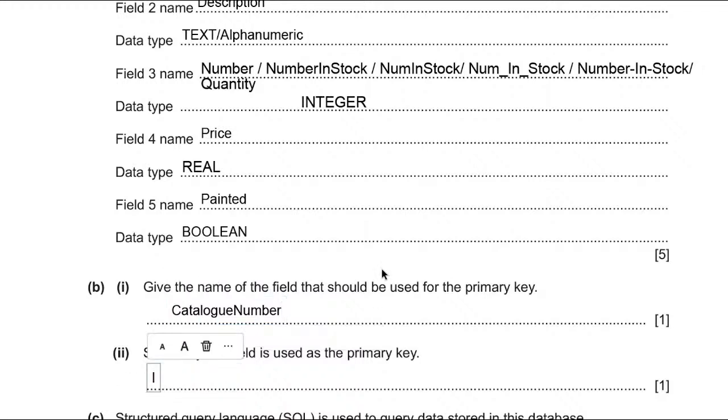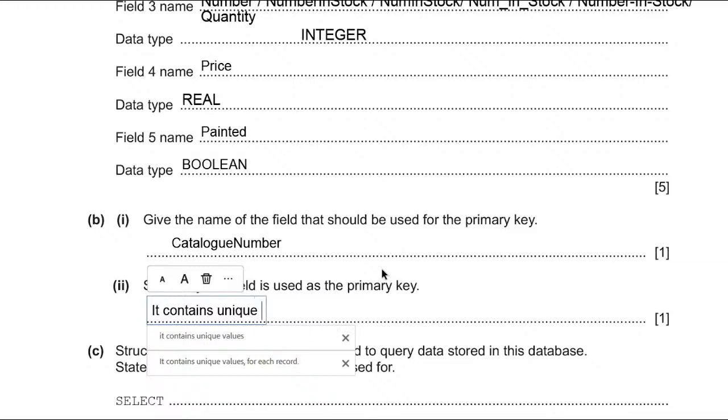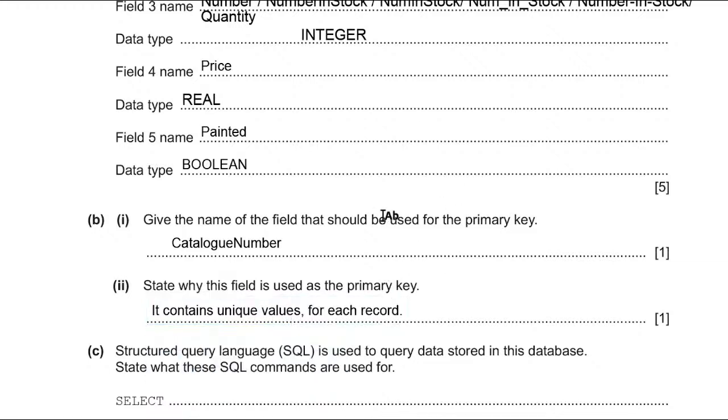Why? It contains unique values for each record. This question is almost in every paper. Almost in every paper, it's always there.